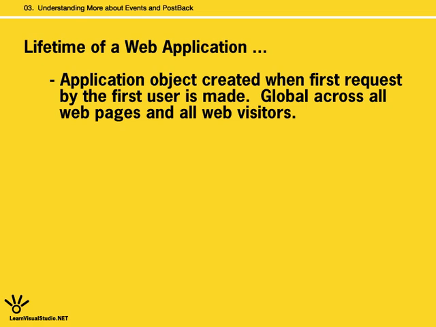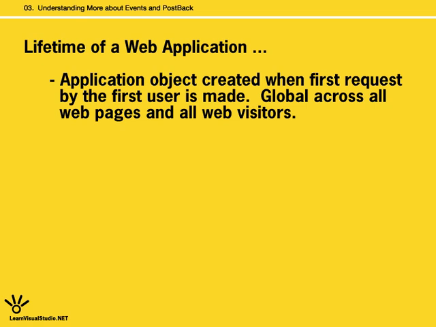Before we close this lesson, let's talk about the lifetime of our web applications. Now, the first time a request from a web browser is made for any page within our website project, the object called application is created and maintained by the ASP.NET Runtime Engine. So this application object is kind of special. It contains information that's global to the entire website.